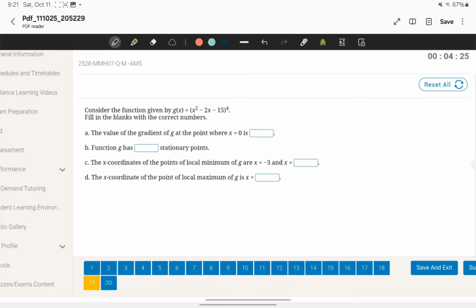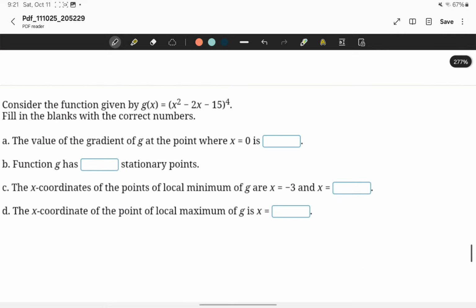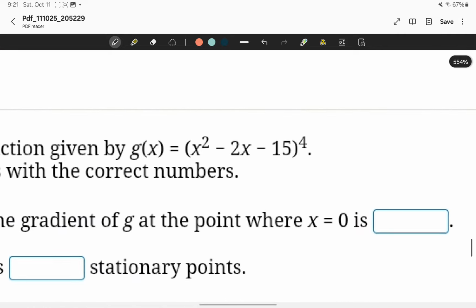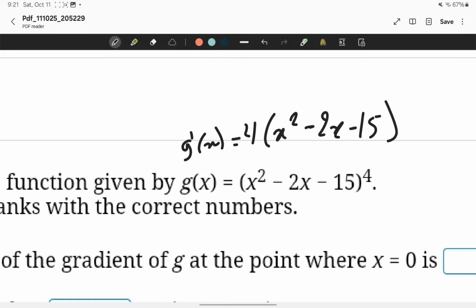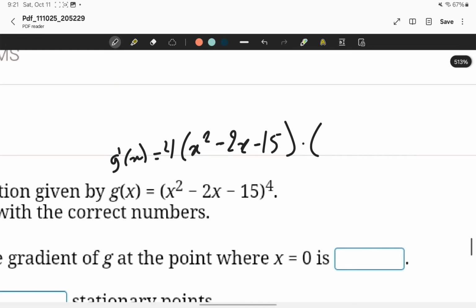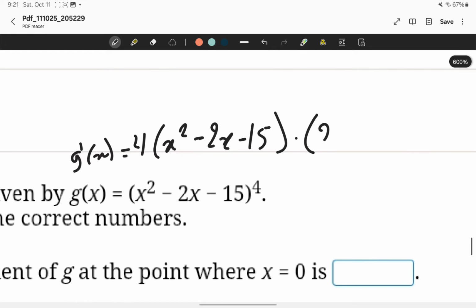Number 19, they give you a function, and part A, they're asking for the value of this when x is 0, and the gradient when x is 0. So I'm just going to derive it once here. g prime is going to be chain rule, so 4 into x squared minus 2x minus 15 times the derivative of what's inside, so multiplied by 2x minus 2.